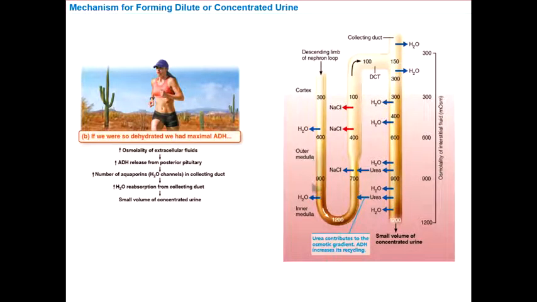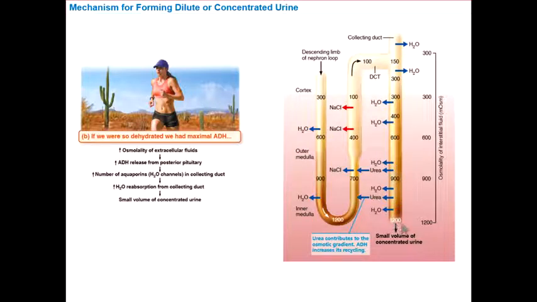So here we have our countercurrent multiplier that we went through in the past, but all of a sudden we enter the collecting duct. Now water is allowed to leave because of the ADH hormone that's present. So water is leaving, and as the osmolarity that we saw increases in the interstitial space as we go down the medulla, water just keeps leaving the collecting duct because of all the aquaporins that are present.